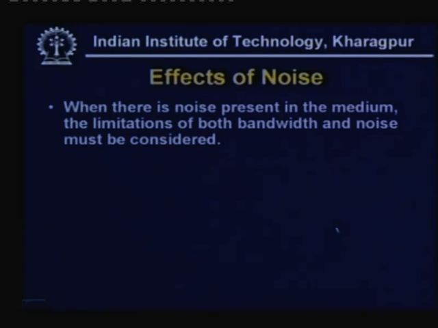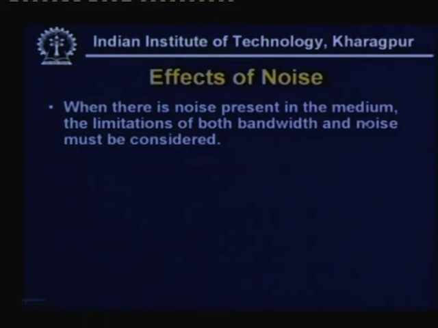So far we have neglected the effect of noise, but ideally that will not be so. A channel will always have some noise. So when there is noise present in a medium, the limitations of both bandwidth and noise must be taken into consideration. So far we have only taken into consideration the limitation due to bandwidth.